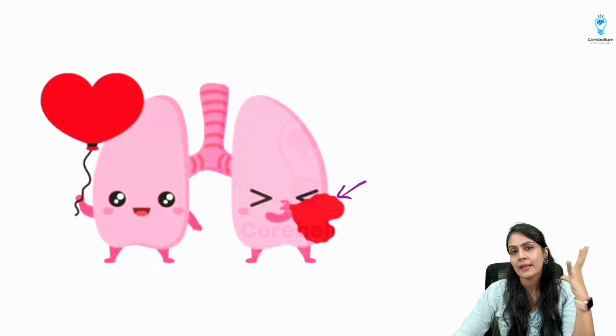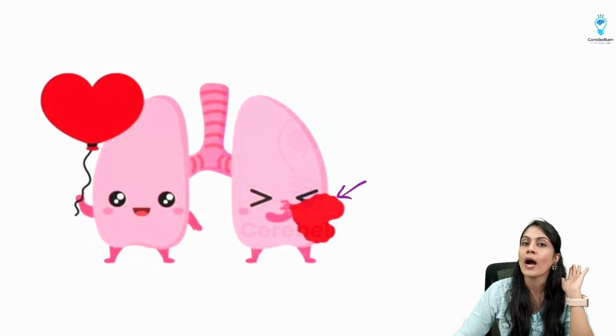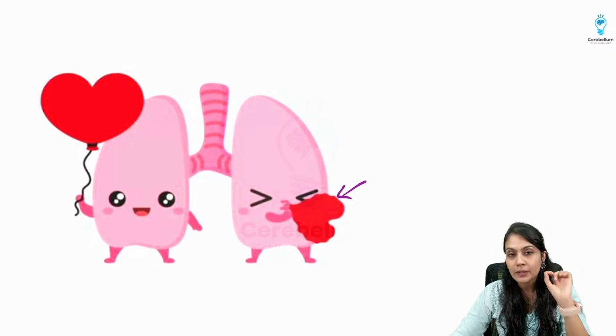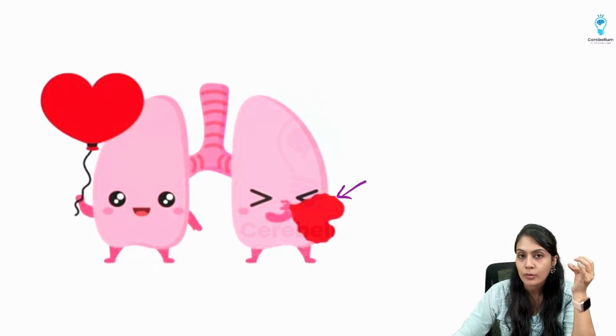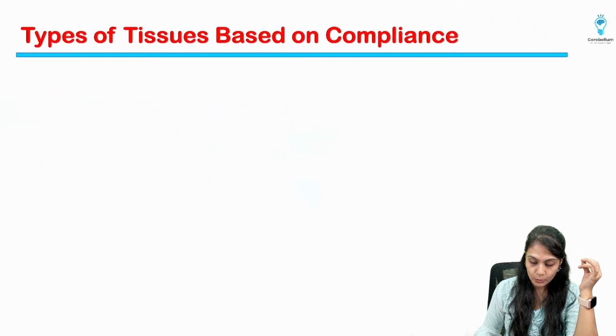Lungs are nothing but grapes, that is the alveoli of which they are made up, right? And the alveoli act as the balloon, because they contain the elastin protein, right? So remember this funda, and you're going to solve many questions about surface tension, compliance, and all the different things that we are going to discuss.